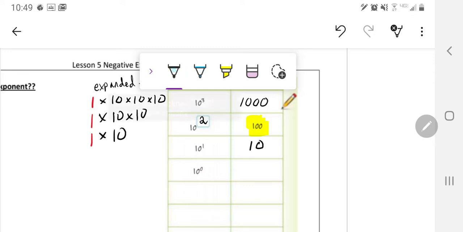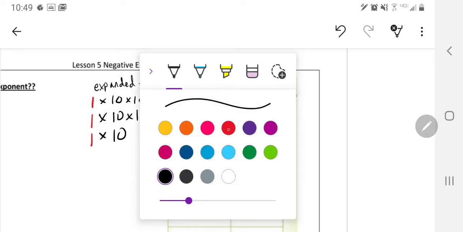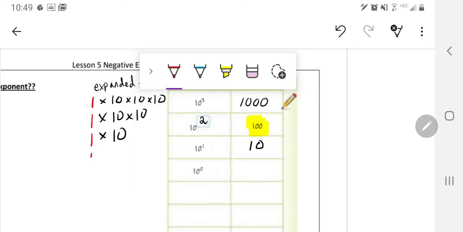Look at this next one. All right, we still have the 1. But how many 10s are we going to multiply by? 10 to the 0, well, we're going to multiply the 1 by no 10s. So the answer to 10 to the 0 is going to be 1.